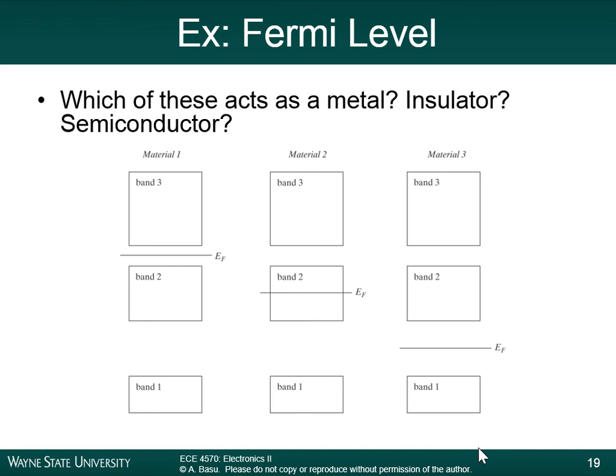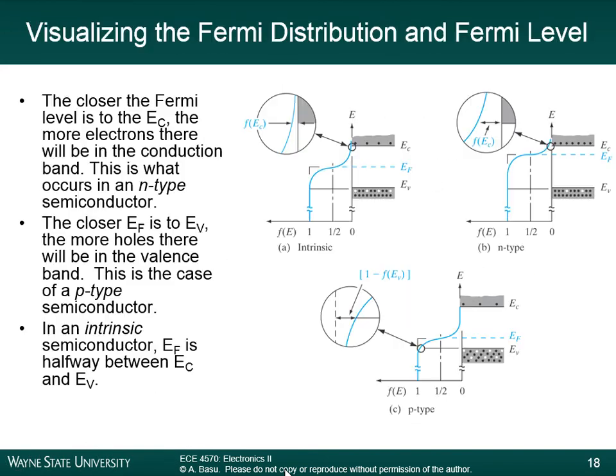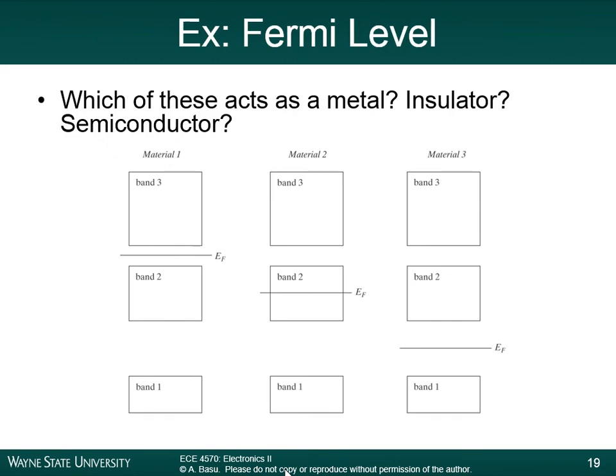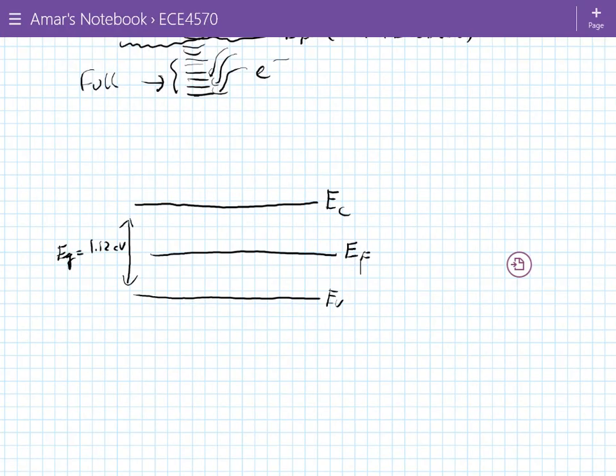Something interesting happens with the semiconductor. Let's go back to the diagram for silicon. As we dope this more n-type, the Fermi level moves up.